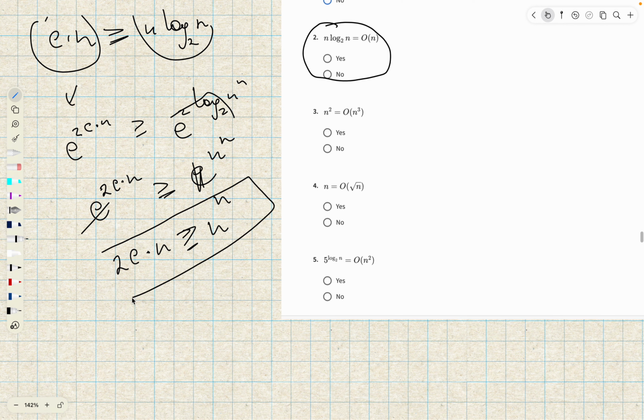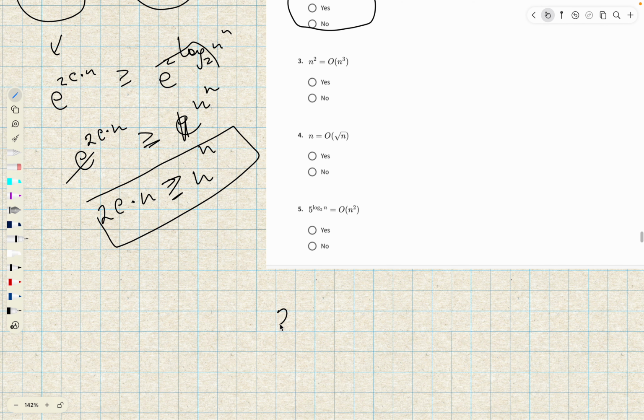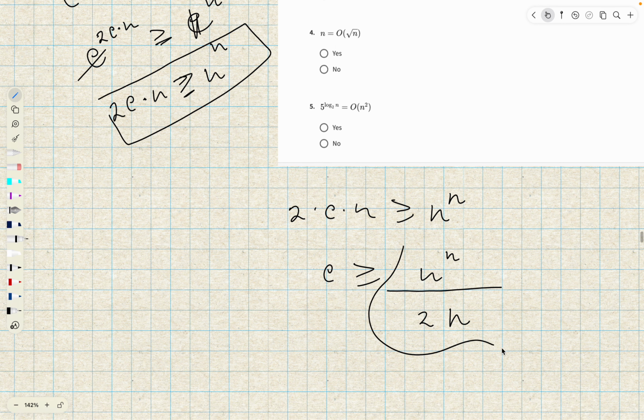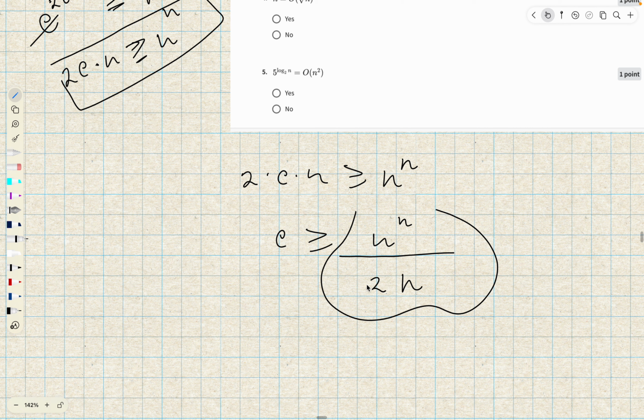And let's observe this. Let's find c. c is bigger than (n log n) divided by 2n, and let's find the limit of this as n goes to infinity.